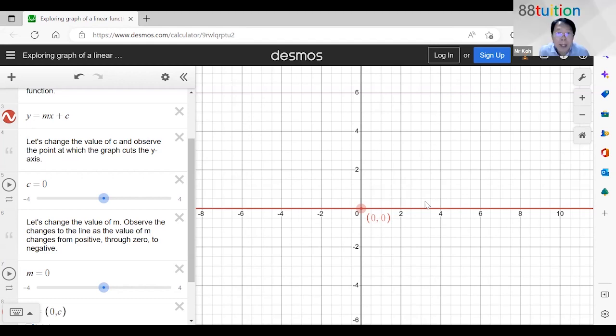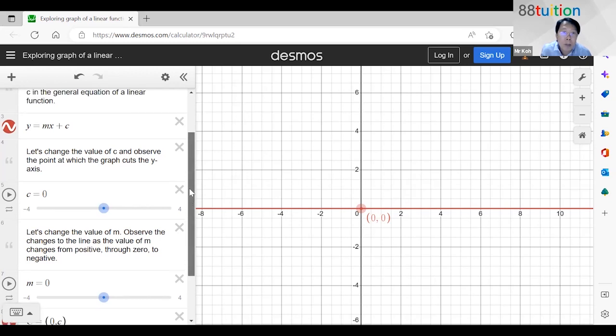Yes, the equation of the line becomes 0, meaning y equals 0. Look at this line, the red line. This is y equals 0, and x equals 0 is the origin. But this whole equation, the red line, is y equals 0, which you answered just now.